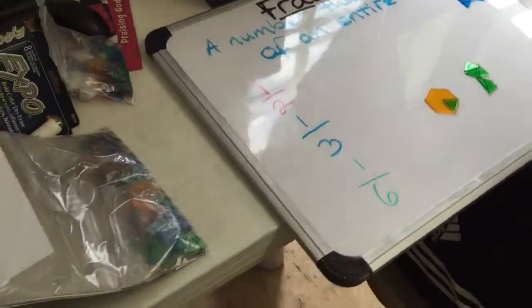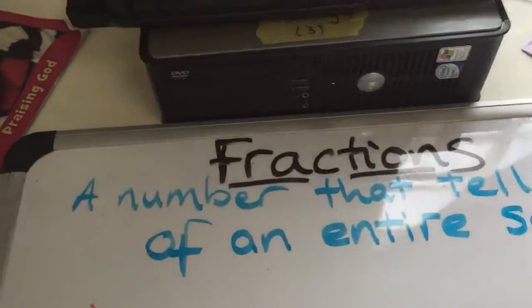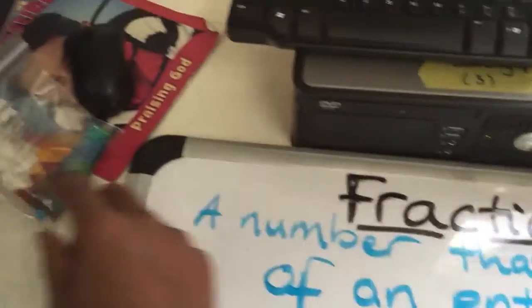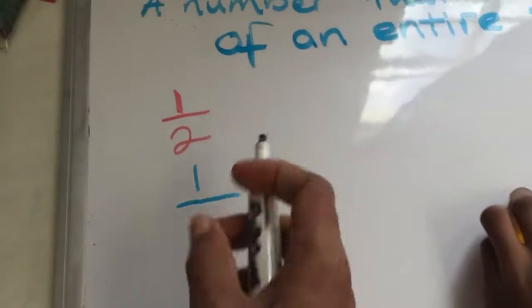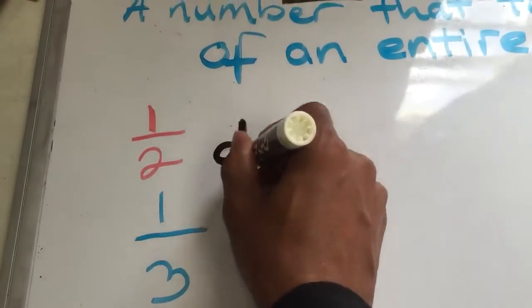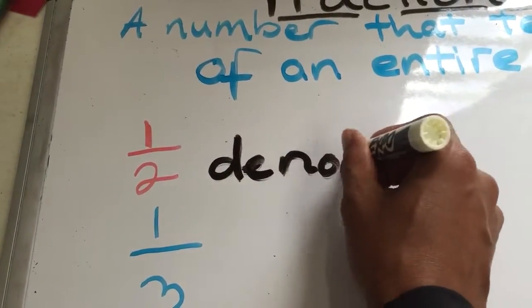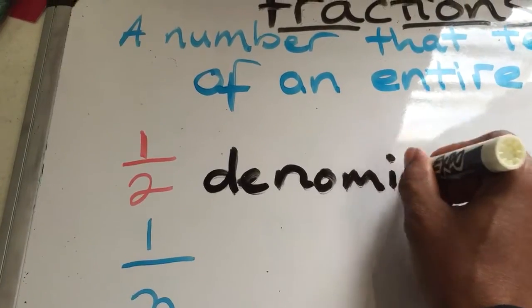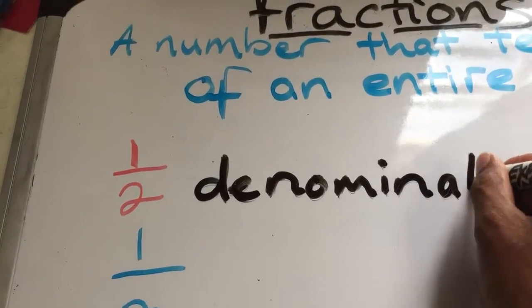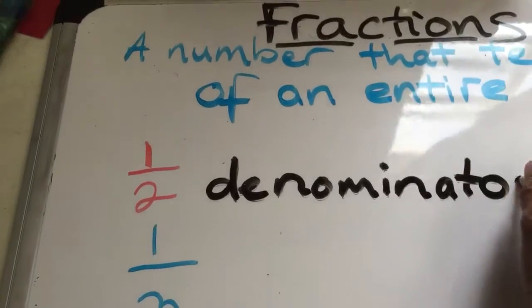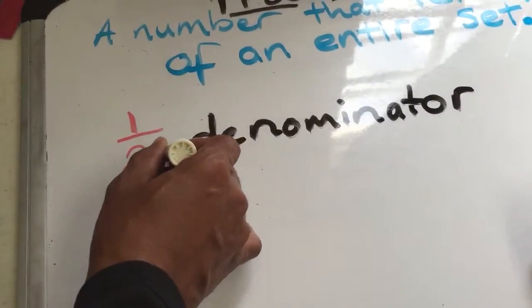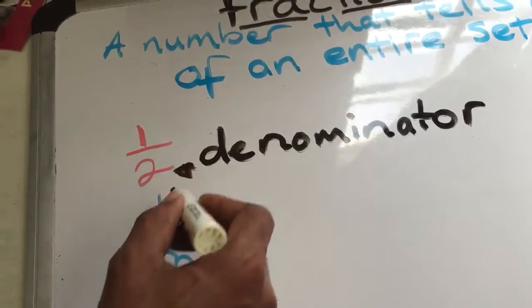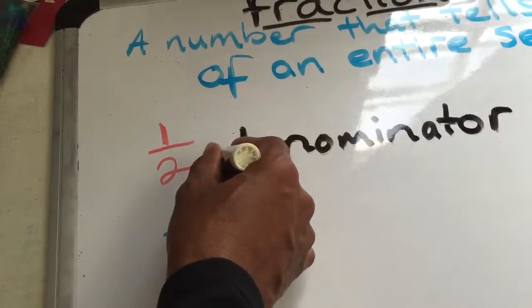Just for remembering, when we're writing fractions, a fraction always has a denominator. The denominator tells you how many pieces there are that will give you one whole.